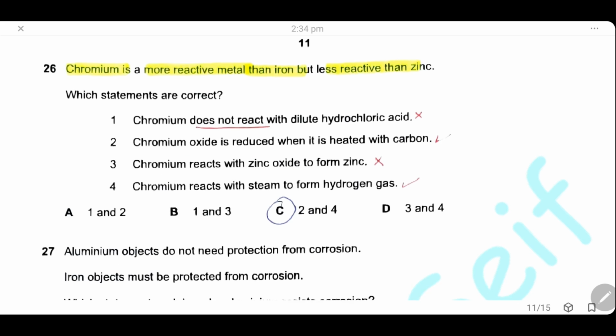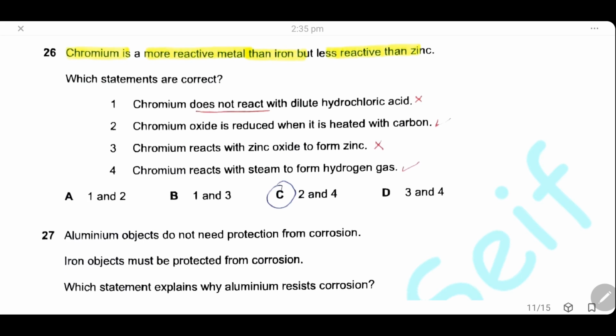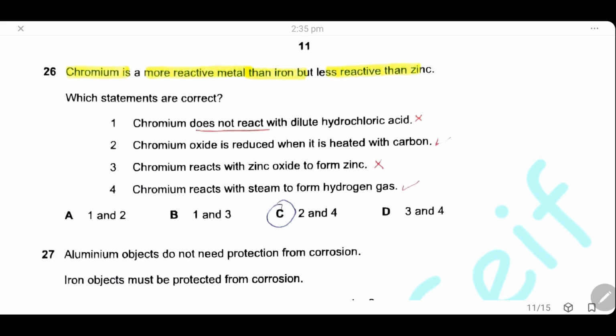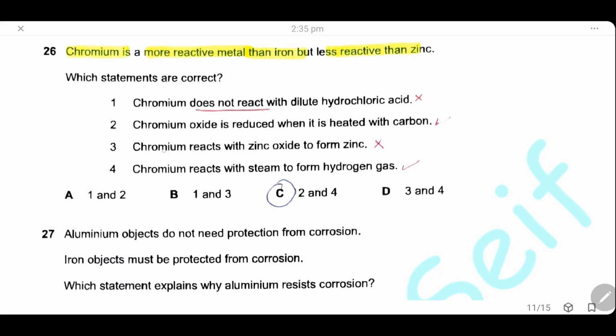Yes, it will be reduced by heating with carbon, because zinc, which is more reactive than chromium, is also reduced when heated with carbon. Chromium reacts with zinc oxide to form zinc. This is an incorrect statement because chromium is less reactive than zinc, so it cannot displace zinc from its oxide. Statement 4, chromium reacts with steam to form hydrogen gas, and this is a correct statement, so the answer is 2 and 4.